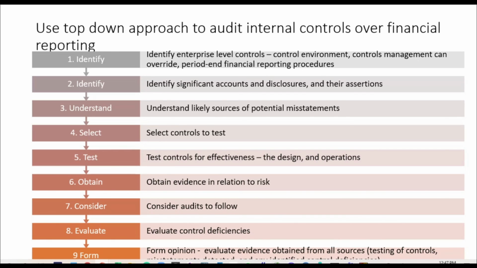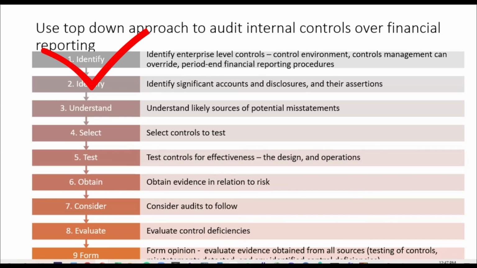Auditors use a top-down approach to audit internal controls over financial reporting. First is to identify enterprise-level controls, looking at the control environment and controls management can override, which therefore should be revisited, and then examine the procedures adopted by the enterprise for period-end financial reporting.